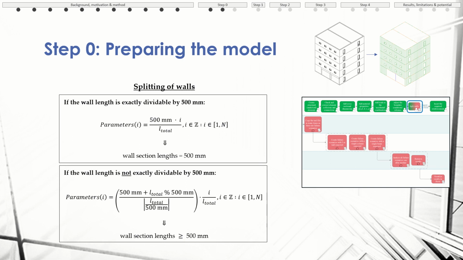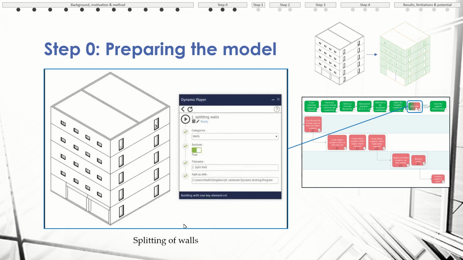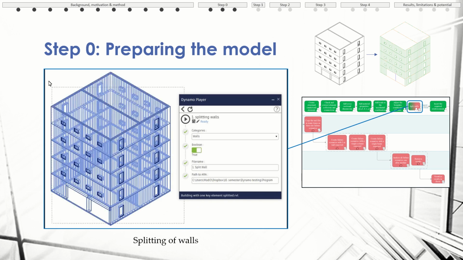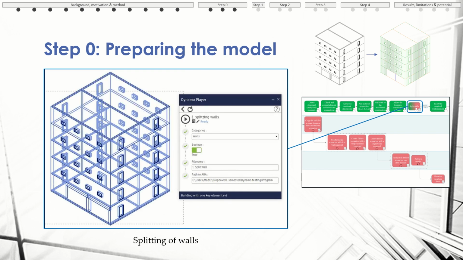It's not always when you model such a wall that the length is exactly divisible by 500 millimeters. That's why the algorithm takes the leftover length and puts it out onto all of the other small sections. So in this way, you get all of these elements, which are 500 millimeters or a little bit more than that. You can see here that you can run the algorithm by use of Dynamo, and it takes all of the wall elements and creates these smaller sections.